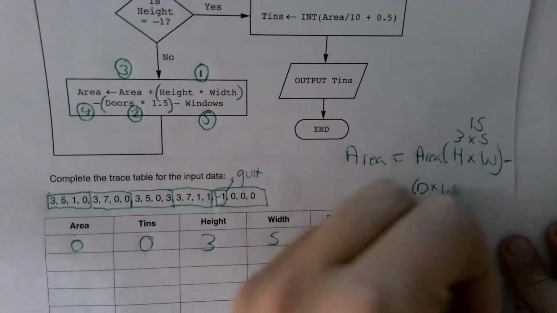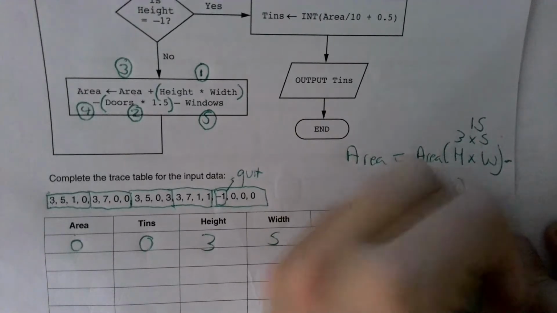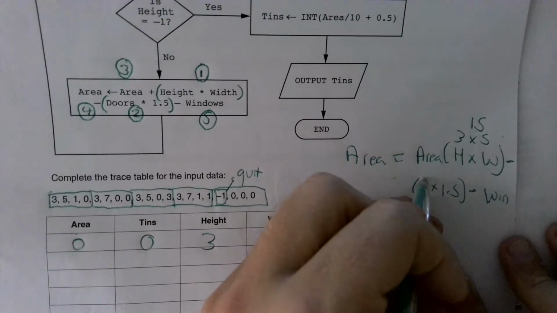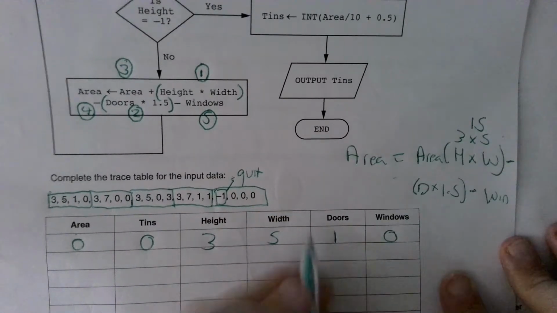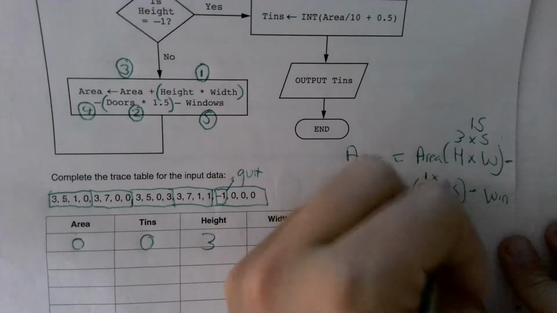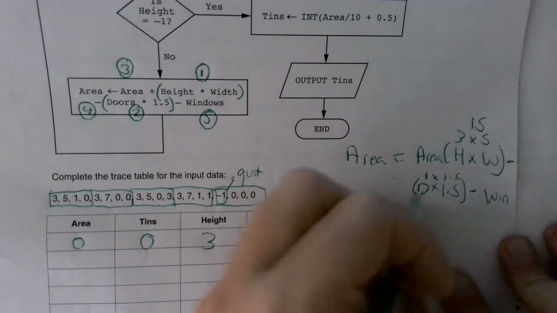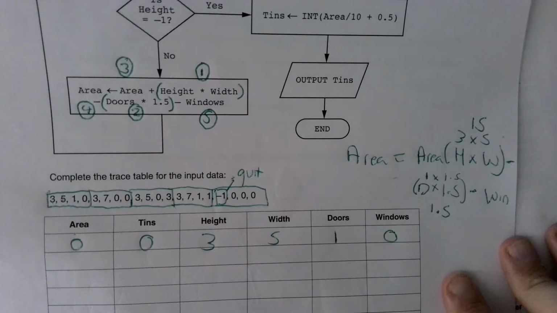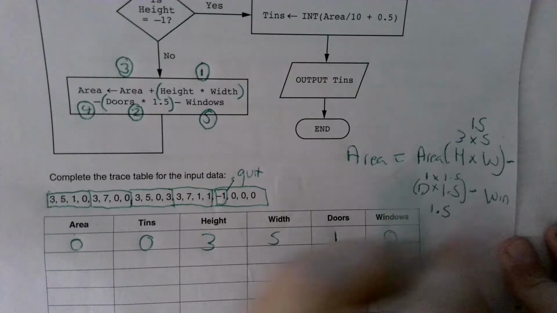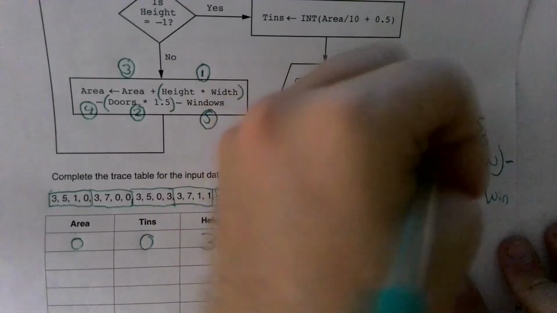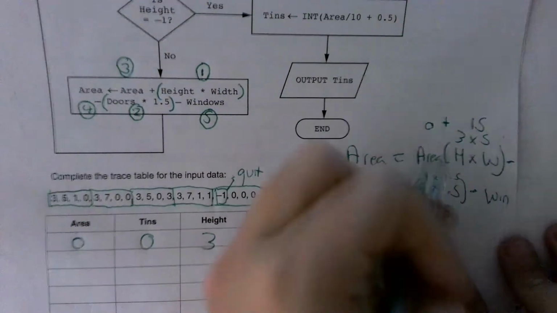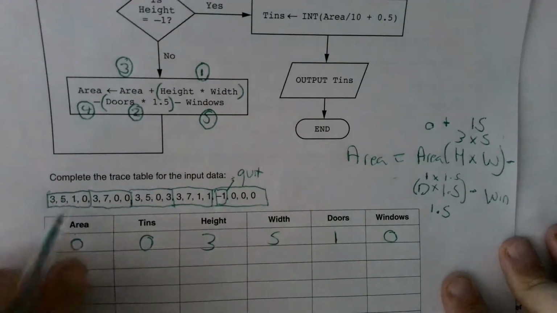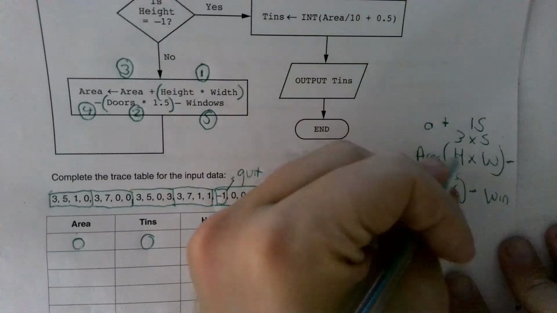So door, the value of that is 1 times 1.5, which equals 1.5. We then add, so I'm going to put 0 plus 15, which equals 15. So area, height times width, all of that will equal 15. So I'm just going to do 15 down here. 15.